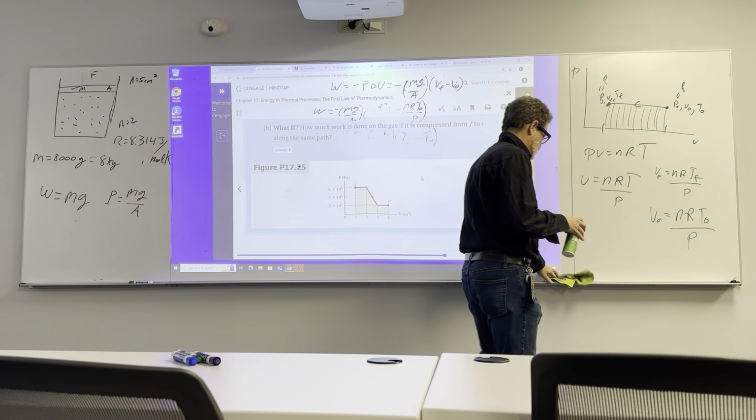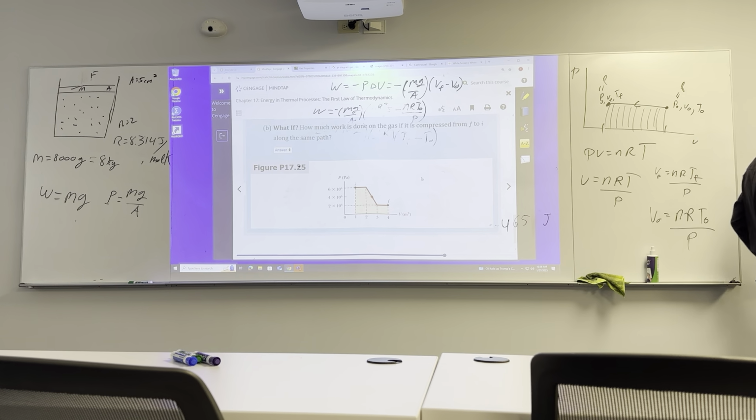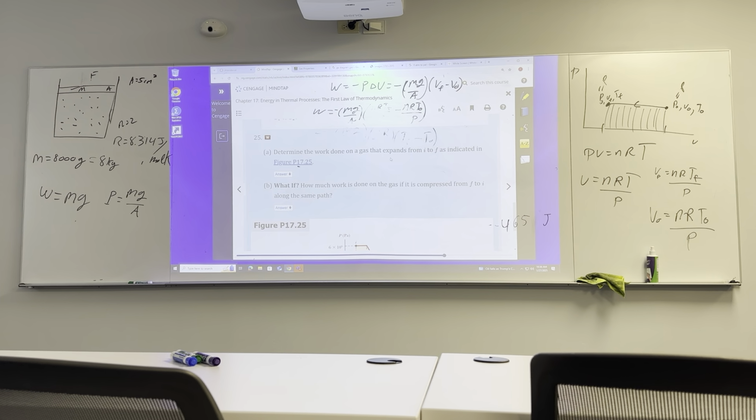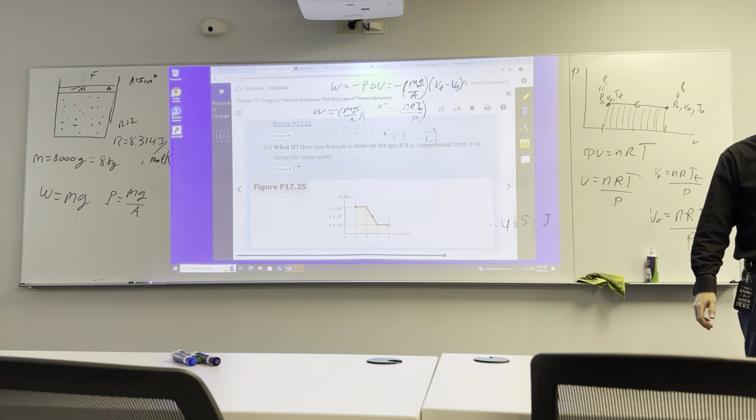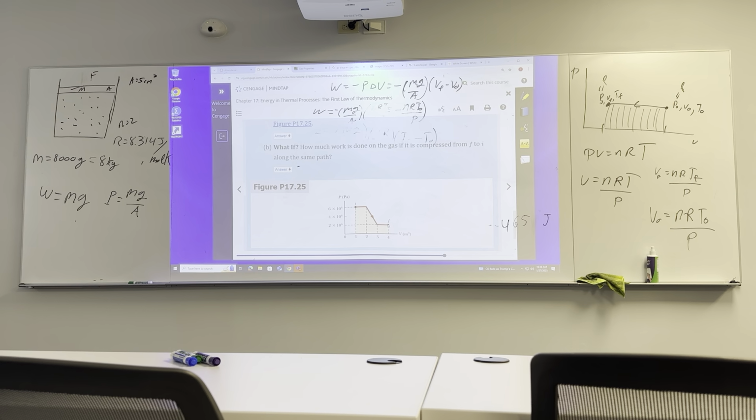So what's the work done on the gas that expands from I to F? It's just the area under the curve. So can you guys find the area under the curve there? That should be easy, right?